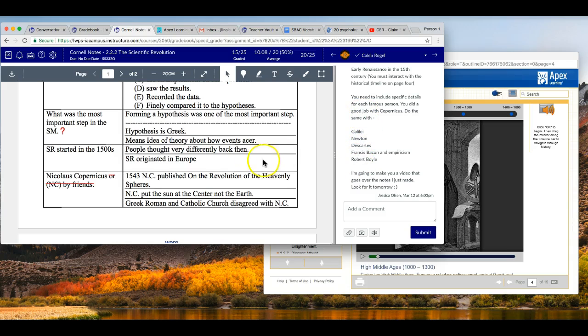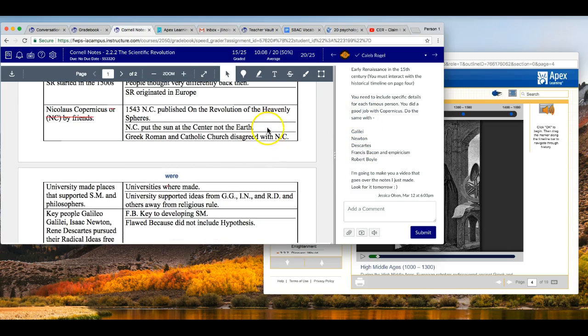I wanted to tell you that you did a great job with Copernicus because you have Copernicus written in the left column, just like that. And then you have included specific details that help us to remember and understand why Copernicus was famous and what he did. So you want to do that very same thing with these 5 scientists here.